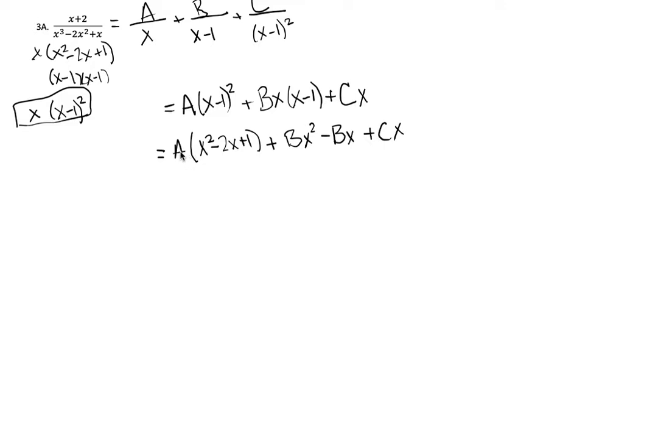I'm going to distribute that A through, so I have Ax squared minus 2Ax plus A plus Bx squared minus Bx plus Cx.